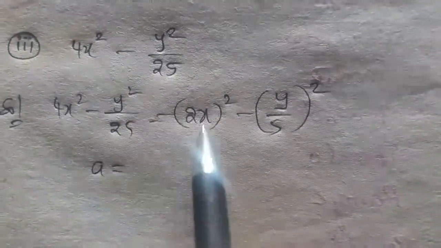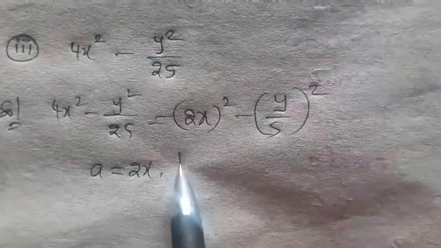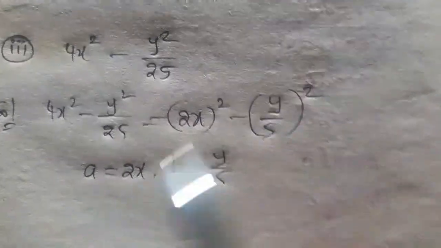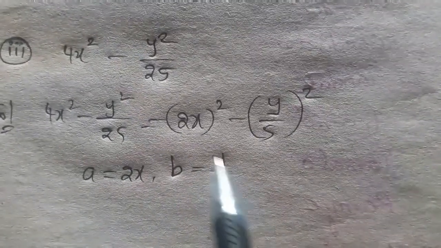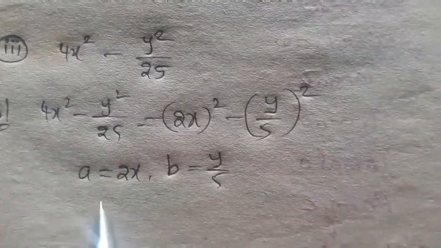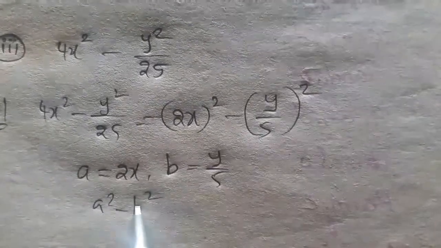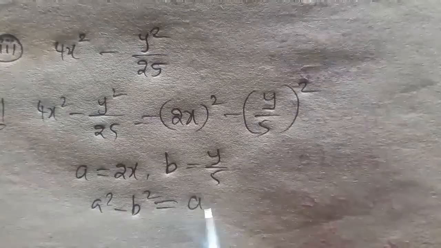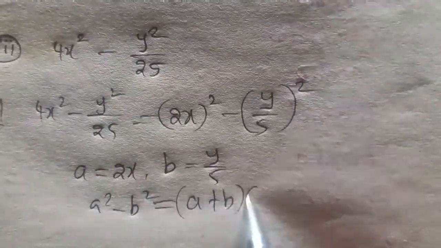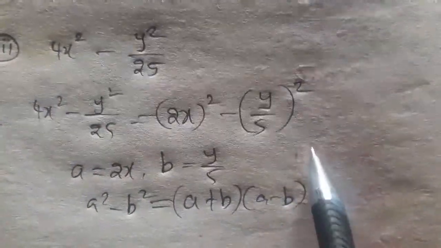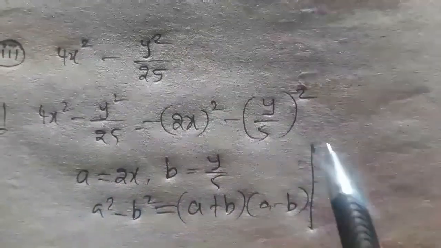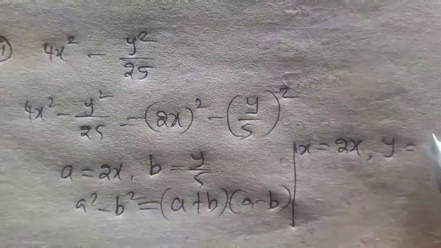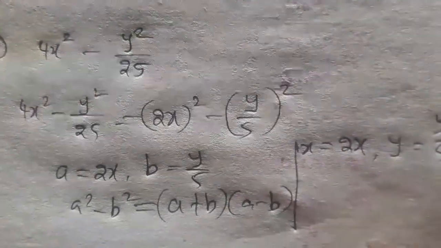Here a is what? 2x, b is what? y by 5. So which identity is there? a square minus b square identity is there. That can be written as a plus b into a minus b, or assume another form. Here x equals to 2x and y equals to y by 5, isn't it?